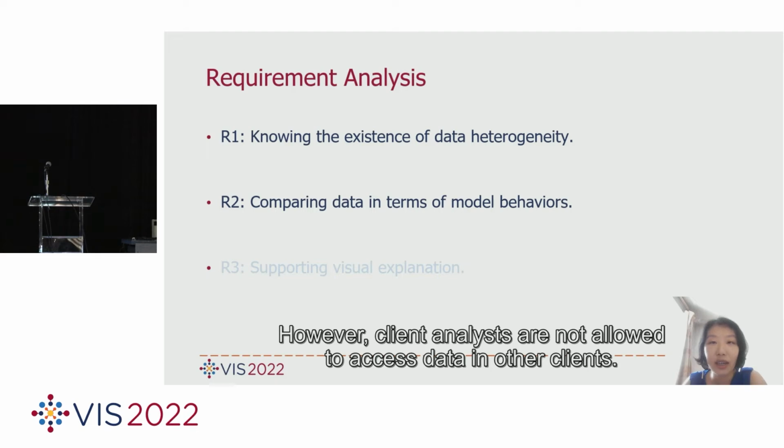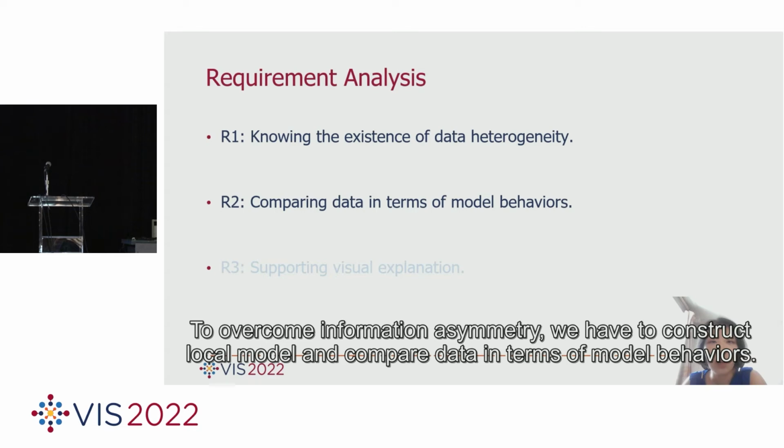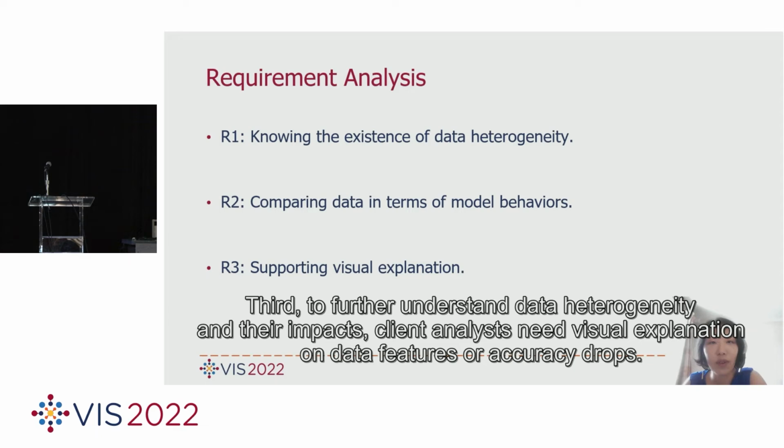However, client analysts are not allowed to access data in other clients. Instead, they can only have parameters of the federated learning model. To overcome information asymmetry, we have to construct a local model and compare data in terms of model behaviors. Third, to further understand data heterogeneity and their impacts, client analysts need visual explanation on data features or accuracy drops.